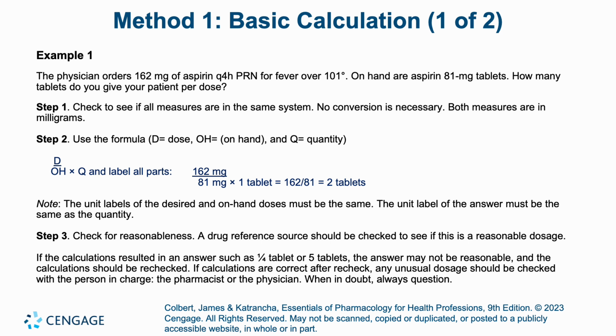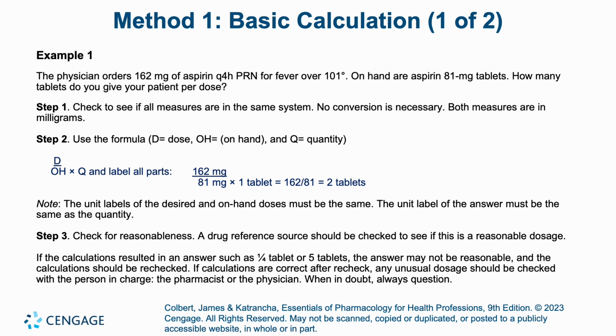So the equation is D as the numerator over OH as the denominator times Q for the quantity. 162 milligrams is the dose ordered over 81 milligrams on hand, 81 milligrams per one tablet. So one tablet is the Q. Equals 162 divided by 81, so the answer is 2 tablets.